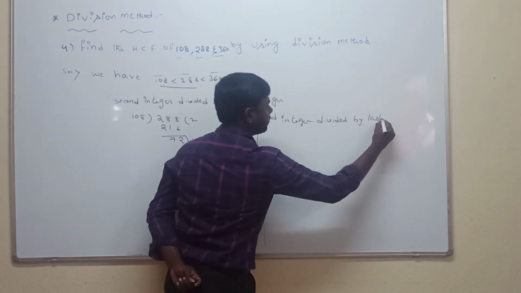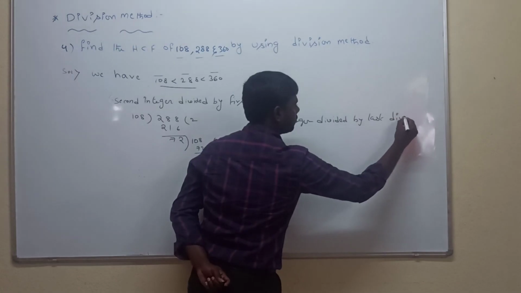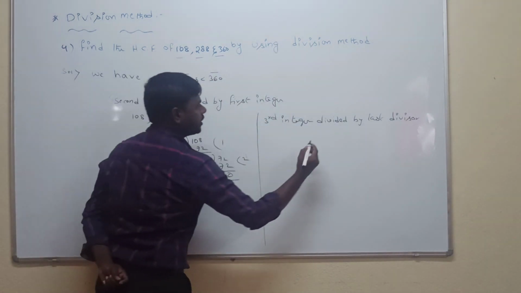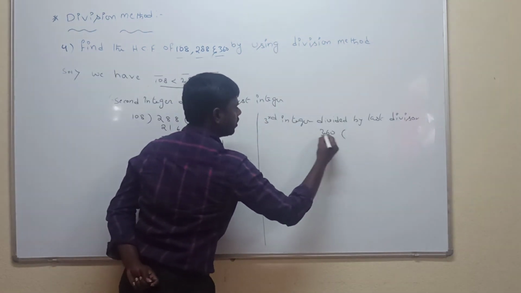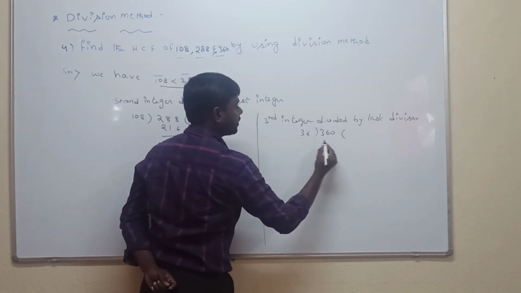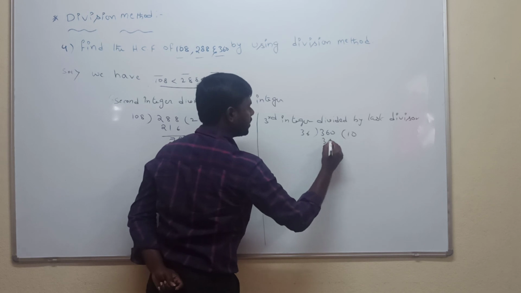What is the third integer? The third integer is 360. The final divisor is 36. So 36 times 10 is 360.